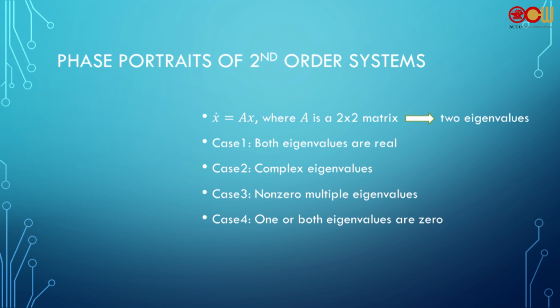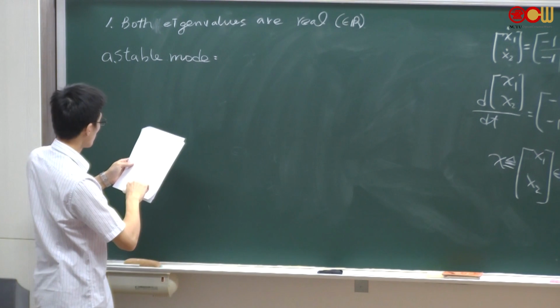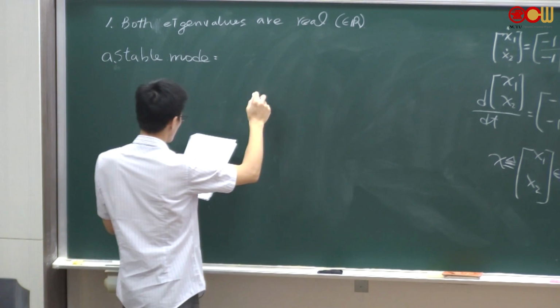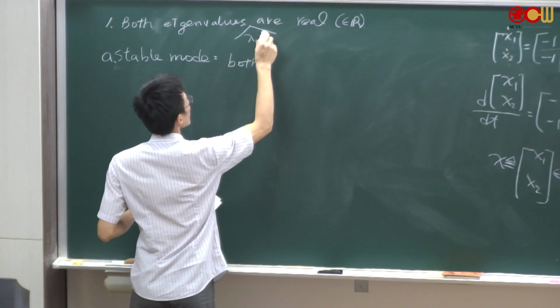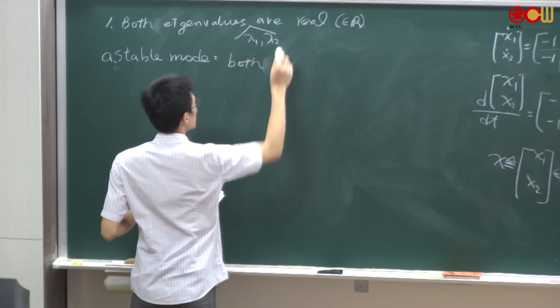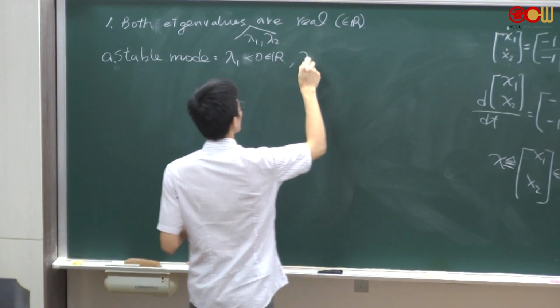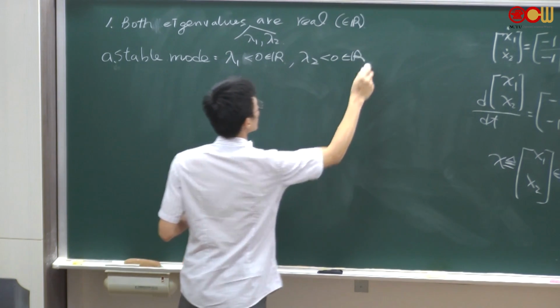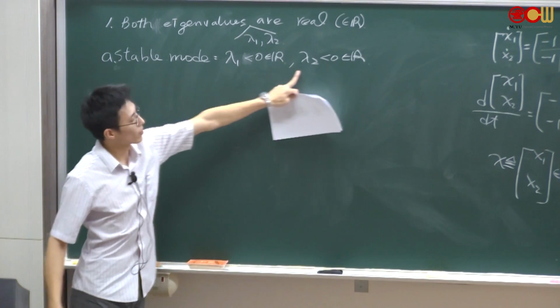So the first case, if both eigenvalues are real, not positive or negative, just real, there are 3 cases. The first case, stable mode. Let me say lambda 1, lambda 2 are real numbers, both real and both negative.